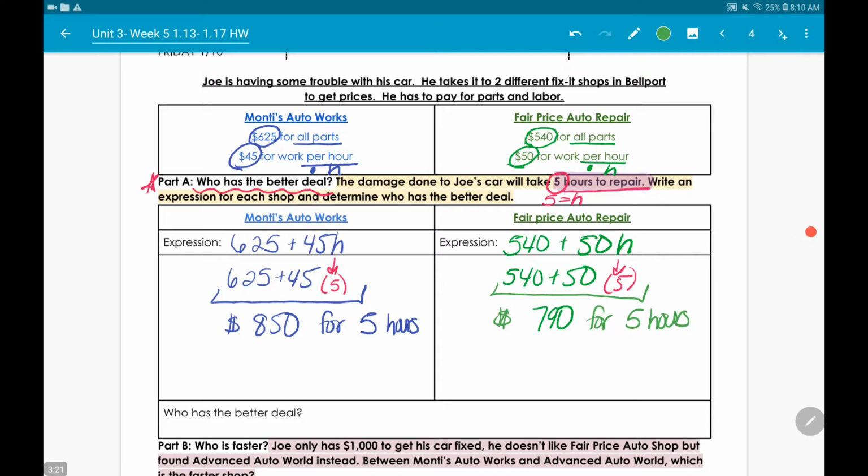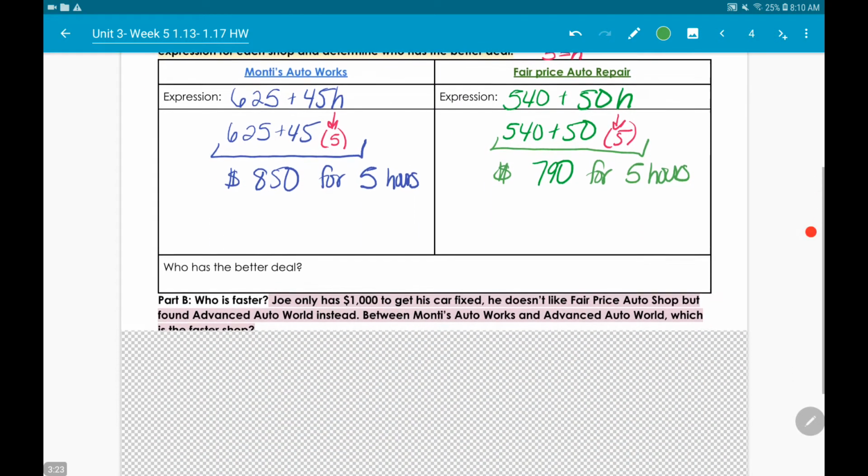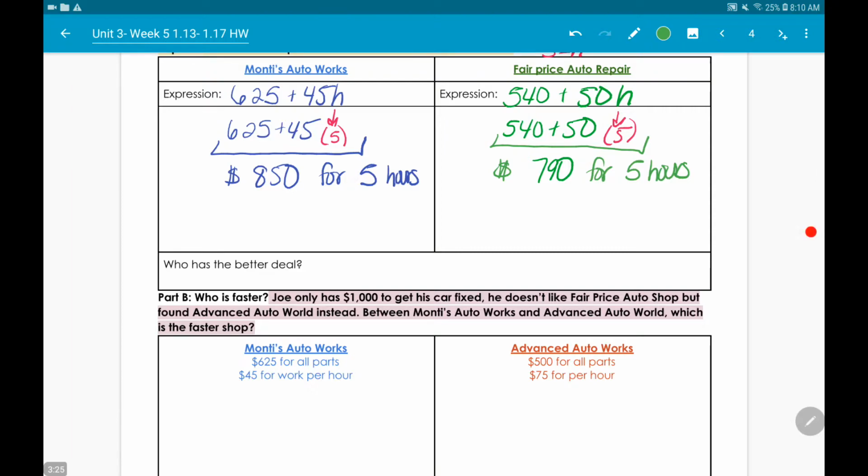Okay, who has the better deal? So if you're getting your car repaired, you want the cheaper deal. So that would make $790 cheaper. So Fair Price Auto Repair has the better deal.